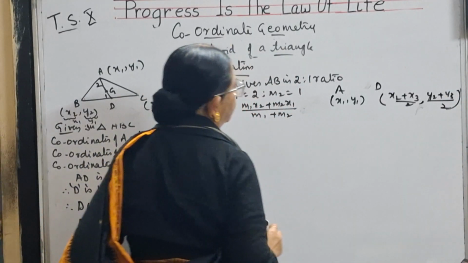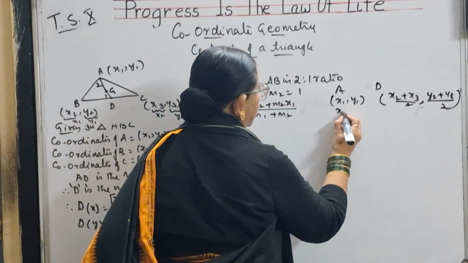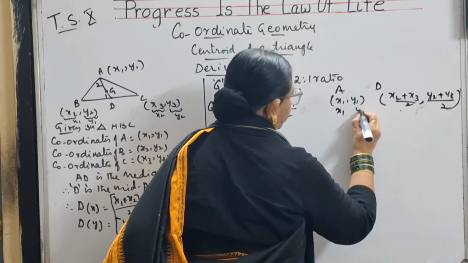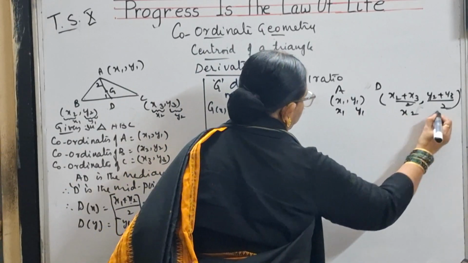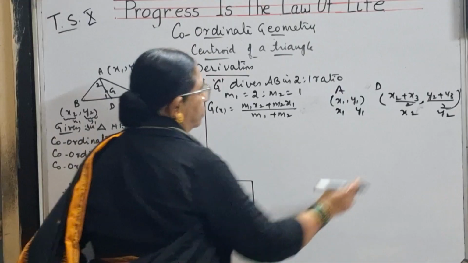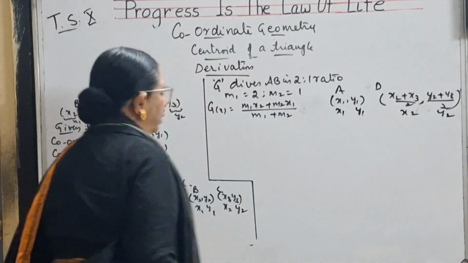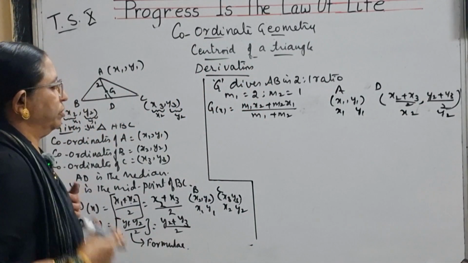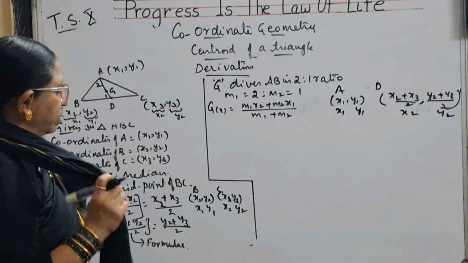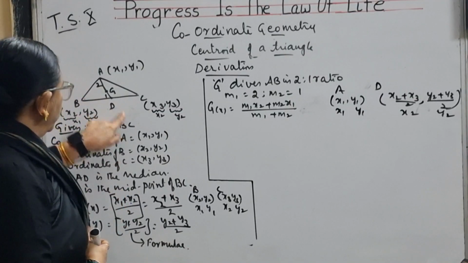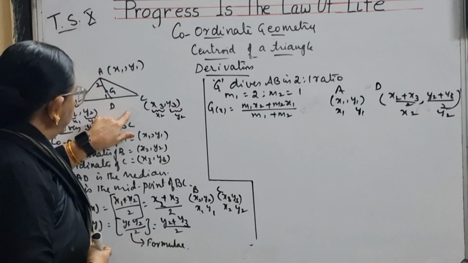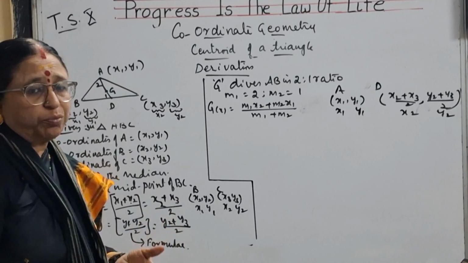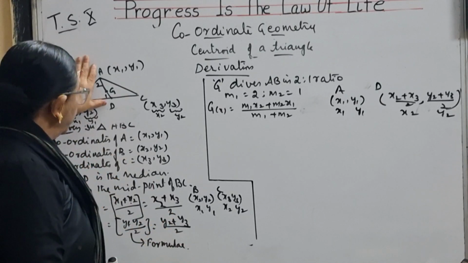So, what you will be taking? This you will be taking as x1, this y1, and this is x2 and y2. Please don't get confused, children. Here and here, don't get confused, because we are talking about AD. G is the point on AD. Just like how we have done the trisection formula, in the same way we are doing it here.